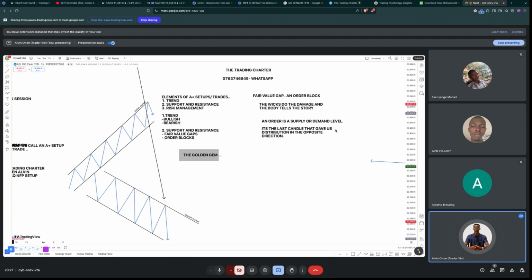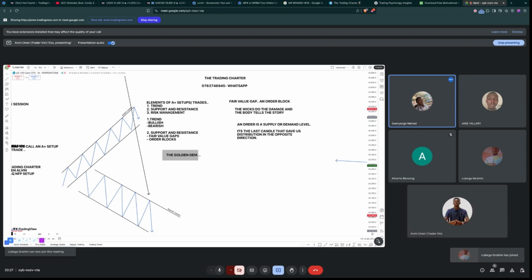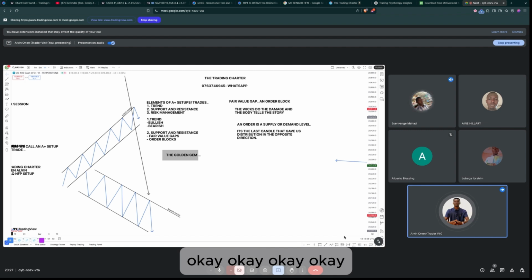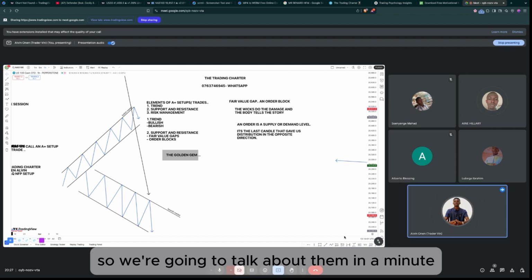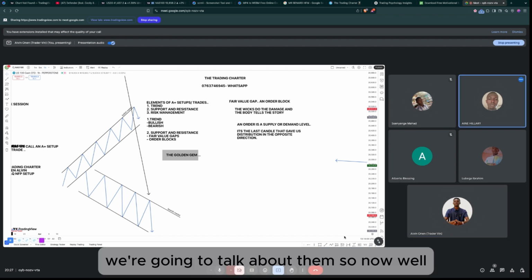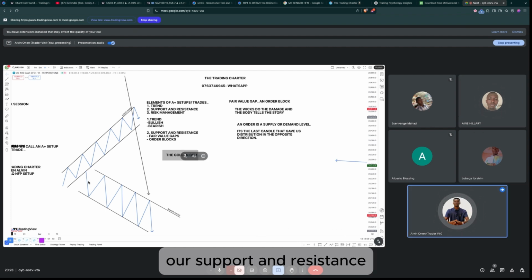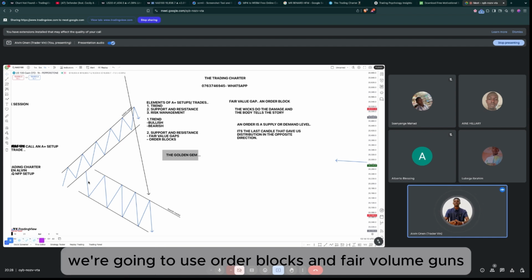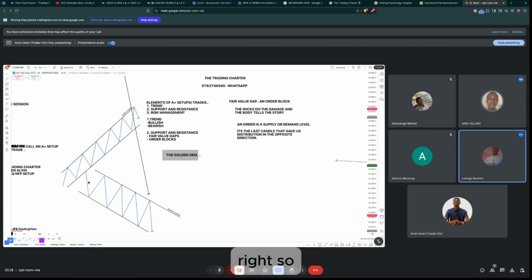Somehow, no. Okay, we are going to talk about them in a minute. So for our support and resistance, we are going to use order blocks and fair value gaps, right?